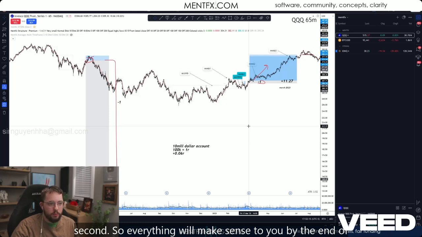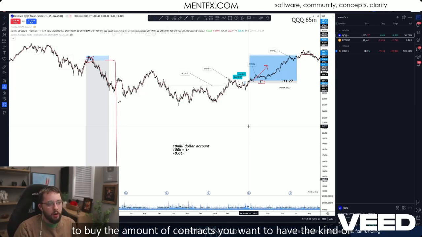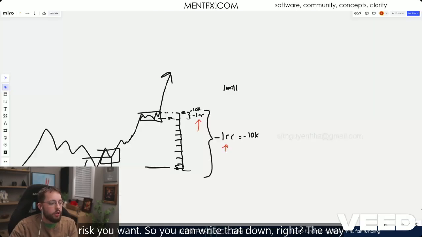So everything will make sense to you by the end of this, and you will never have to learn about it again. But you basically have to make sure you have enough buying power to buy the amount of contracts you want to have the kind of risk you want. So you can write that down, right?